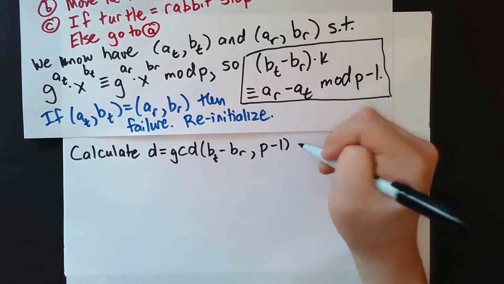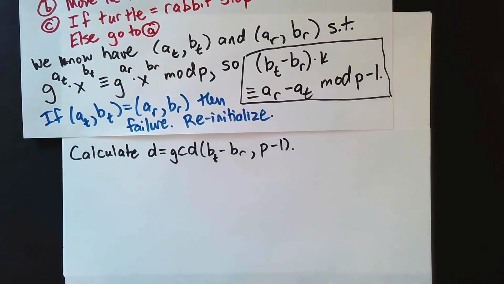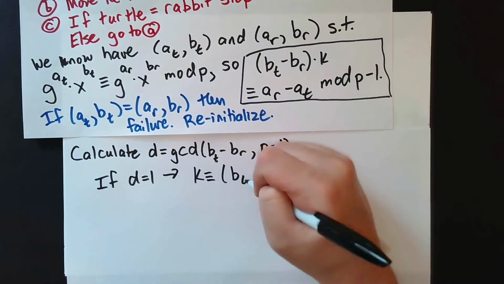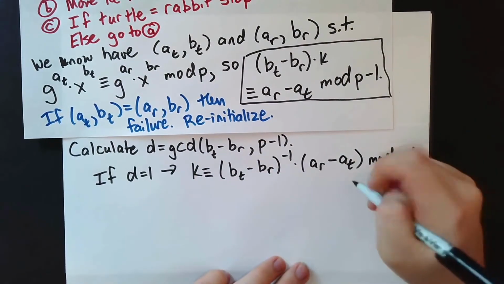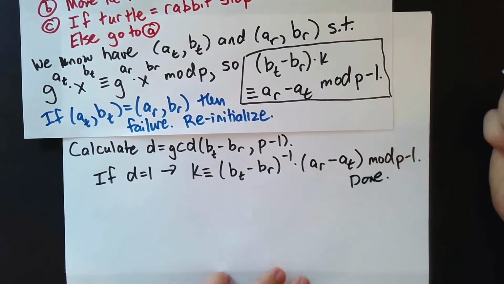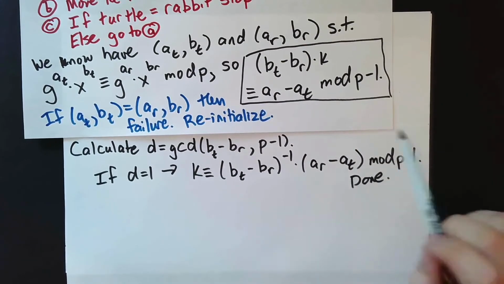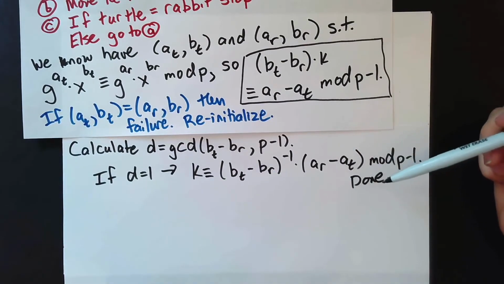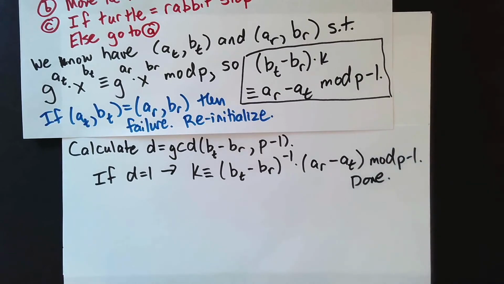And I'm going to call that number D. So if this GCD happens to be 1, great, we just multiply by the inverse and we're done. This is the best possible outcome. We just literally solve exactly for what K is. Remember, K is only actually defined mod P minus 1, because again, it's an exponent mod P.